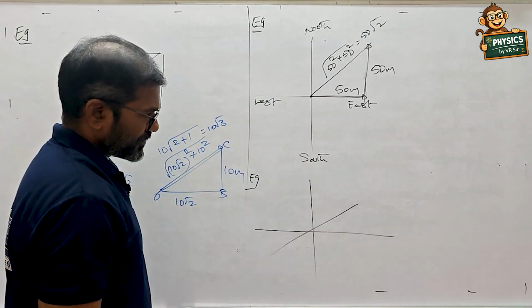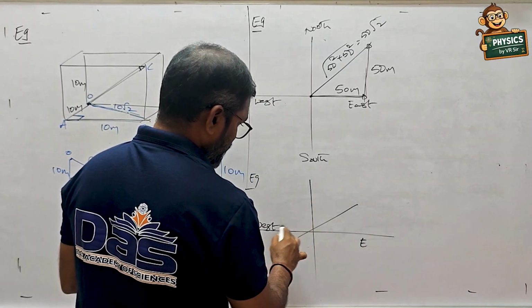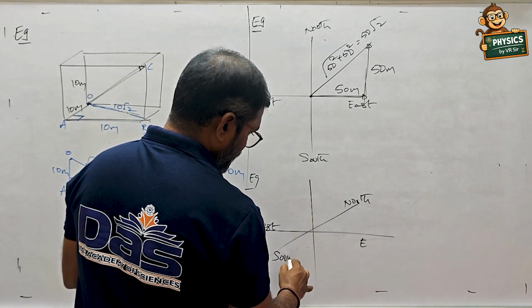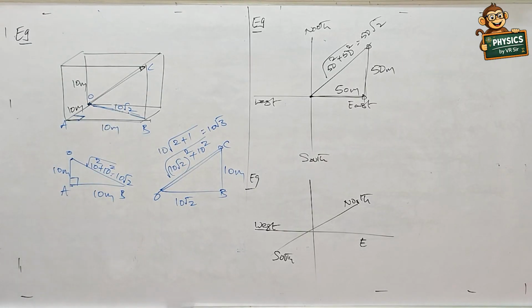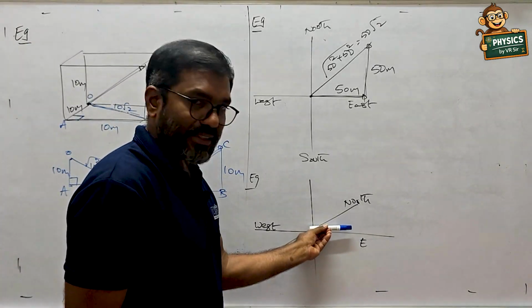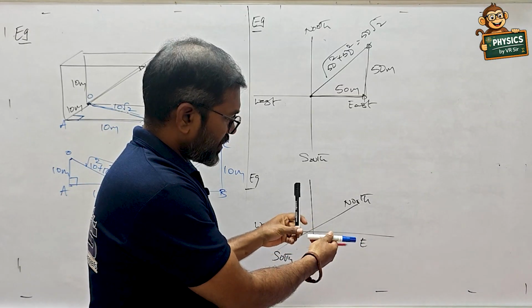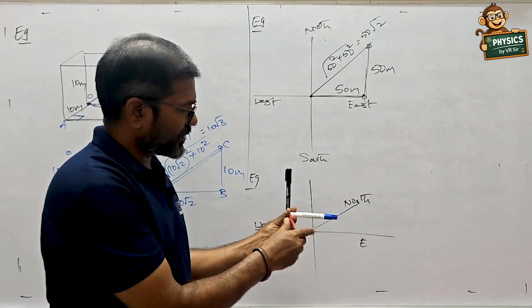Now the next example. This is east, west, this is north, and this is south. Now how are these represented? These are representing three directions. This is east, this is up, and one more like this. These are the three directions.